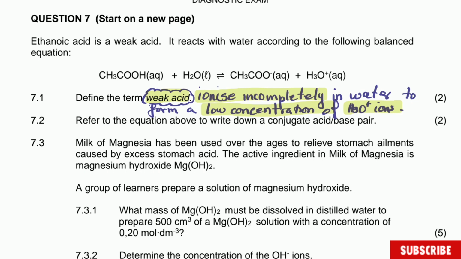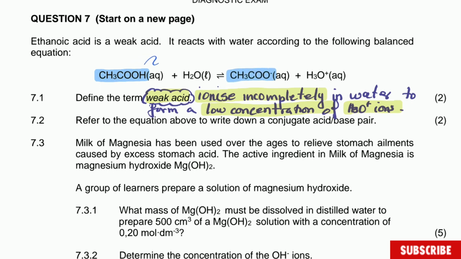Now question 7.2, refer to the equation above to write down a conjugate acid-base pair, the conjugate or one acid-base pair. Now let's start by identifying the family. The CH3COOH family will be the substance there.